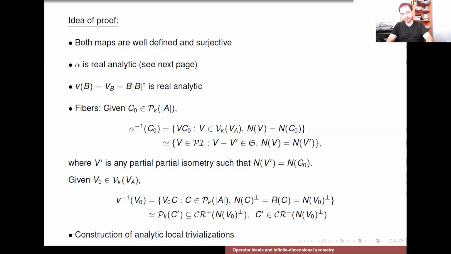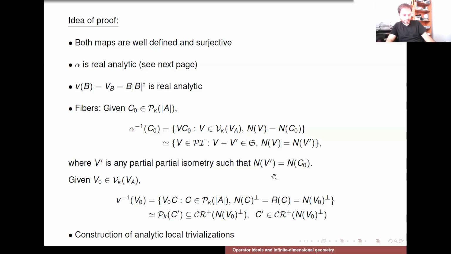This can be done by using the fact that our homogeneous spaces, here the pk and the vk, admit real analytic local cross sections. Using that and the form of the fibers, one can then construct the local trivializations.